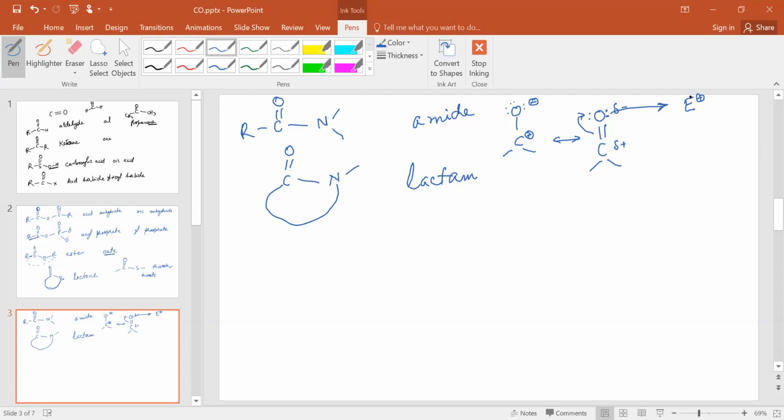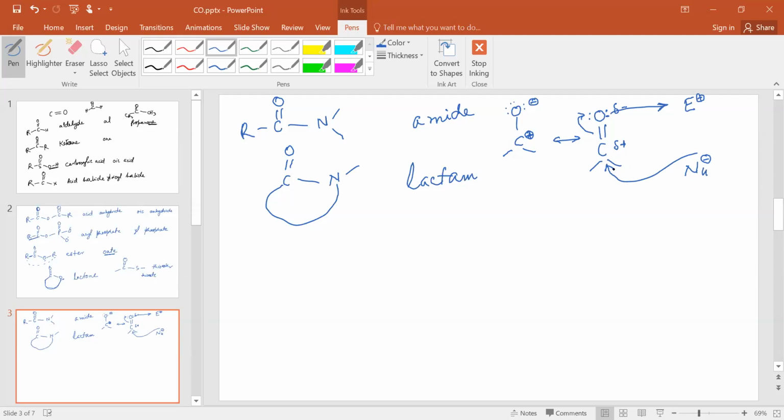Oxygen of carbonyl is nucleophilic in nature because it can react with electrophiles. On the other hand, the carbon has a positive charge here, or a delta positive charge here, which means it can react with nucleophiles.